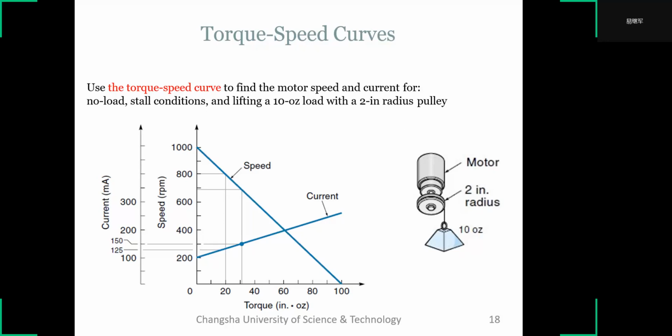The torque is 10 multiplied by 2, which is 20. So we know the torque is 20, so we can find the speed.